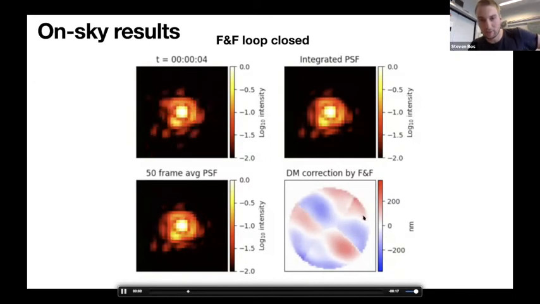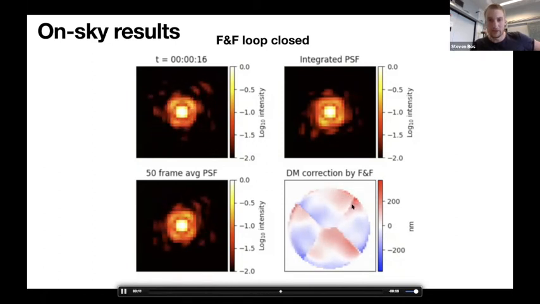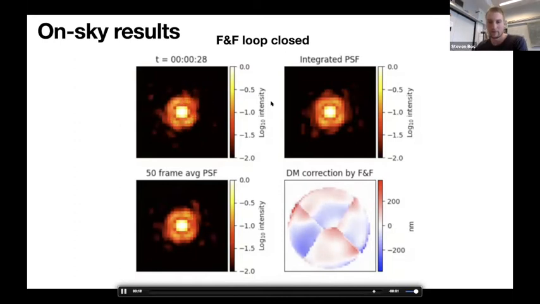This is the DM correction derived by Fast and Furious. And you see here a very clear step in phase along the spiders. This is where the central obscuration is. And you also see the wind direction moving a little bit as the phase changes. As you can already see, the long exposure PSF looks a lot better than in the open loop.